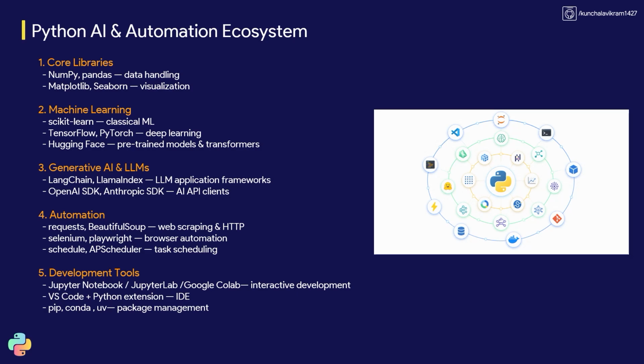We'll see this in the next section, and also while practicing some of the Python code. And we also have VS Code, which is an IDE with a lot of Python integrations and plugins, right? And finally, for package management, you have pip, Conda, or uv, so you can better manage the Python environments.